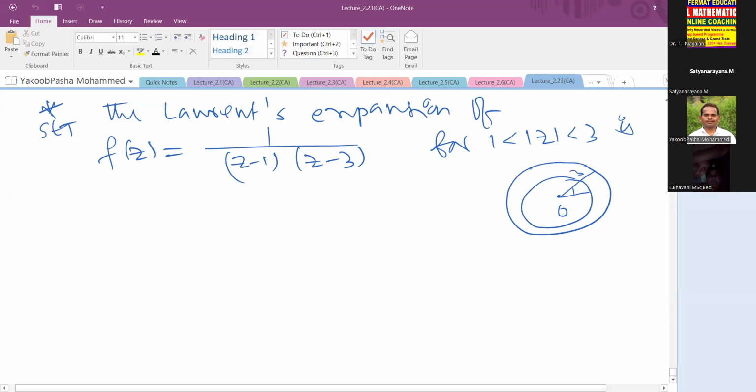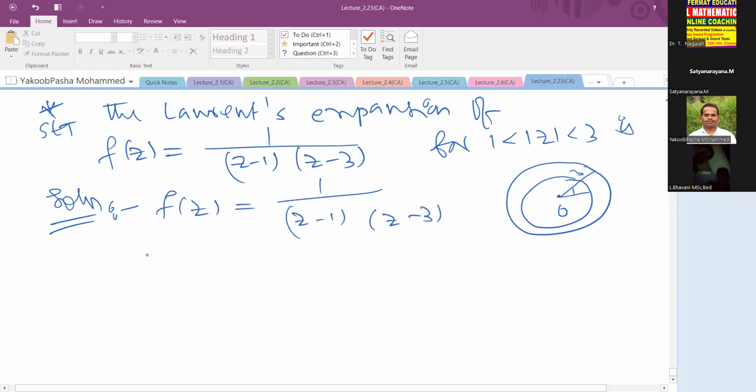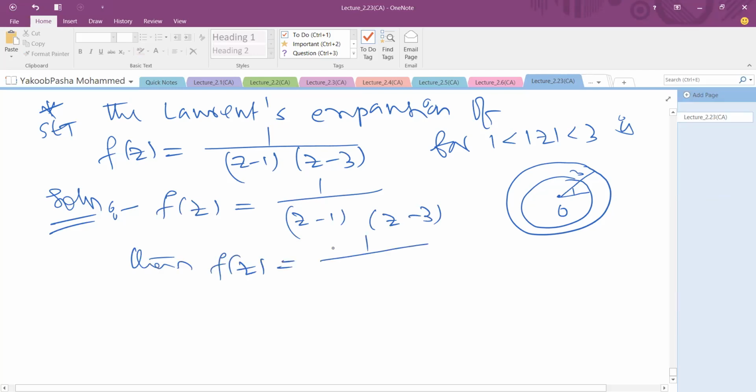in terms of z. First, I am writing the function f of z is equal to 1 by (z minus 1)(z minus 3). Then first I am splitting the partial fractions. By using partial fractions, we are splitting the fraction here.